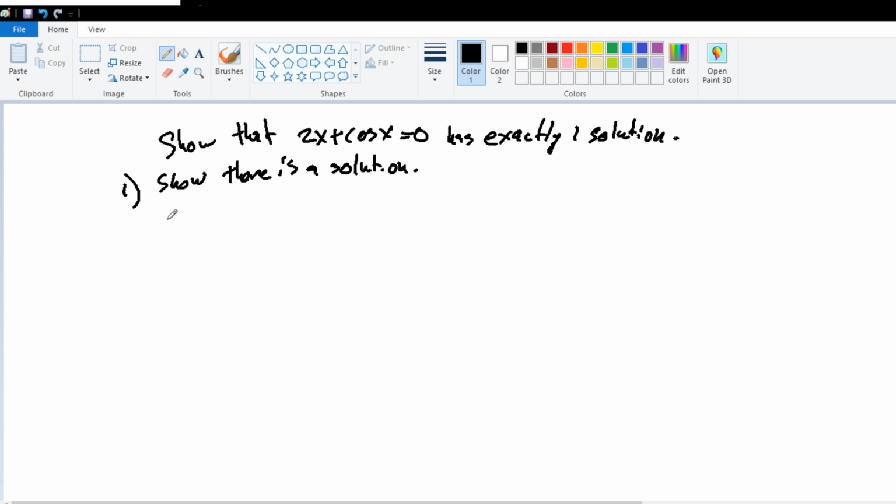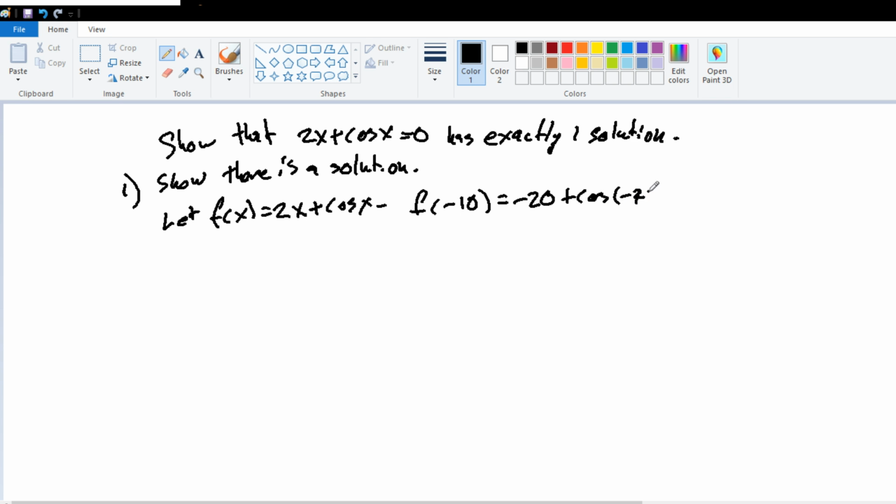So let f of x equal 2x plus cosine x. f of, let's say, negative 10 is equal to negative 20 plus cosine of negative 10. Well, cosine is never bigger than 1, so this is definitely going to be less than or equal to negative 20 plus 1, which is less than 0.